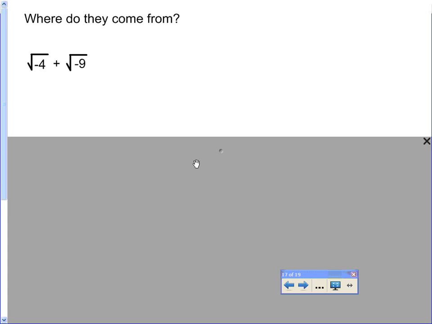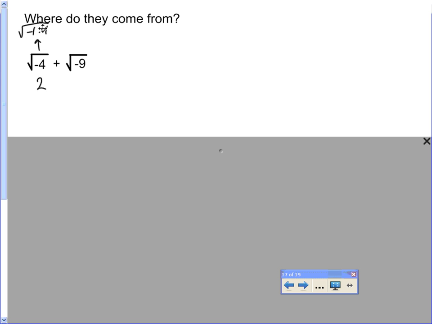So these imaginary numbers clearly come from when we square root negative numbers. If I want to add these together, up until now we didn't really have a way to add them together. But now that I can introduce i, I can actually add these together. So square root of 4 is 2, square root of negative 1, because really this is the square root of negative 1 times 4.